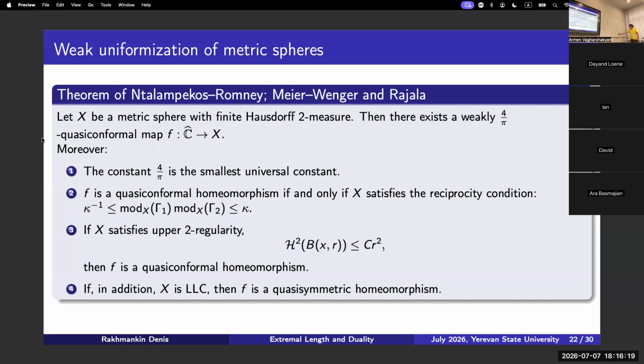Oh yes, you're right. This one looks good. So this is a continuous formula of just doing this. And in that case, of course, it's not injective.